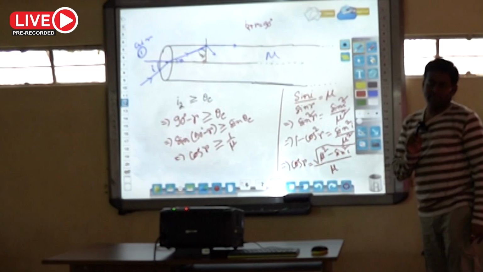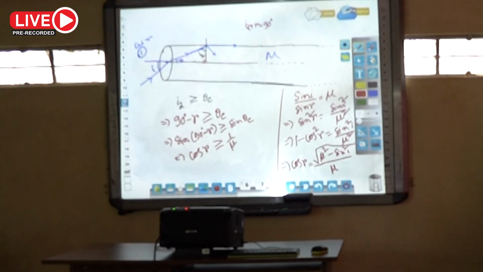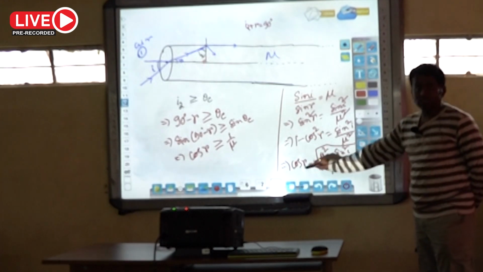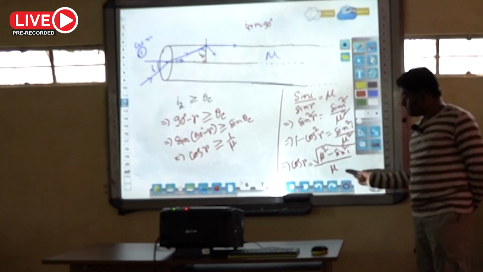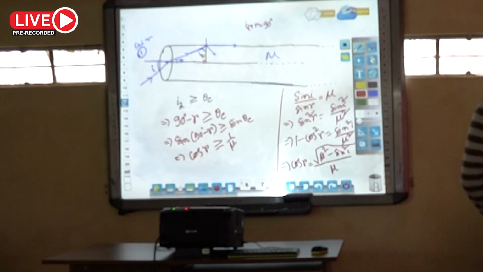I wrote the direct form. Calculate and check whether it is coming after taking the square root. I jumped one or two steps. Up to this, it is clear: 1 minus cos square R. Then calculate from this to find the value of cos R and see whether it is coming or not. Coming?